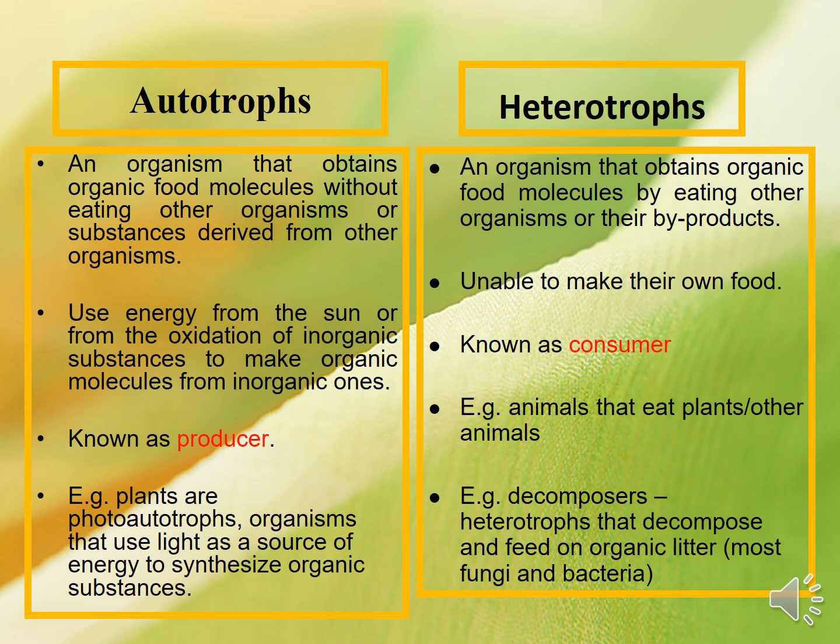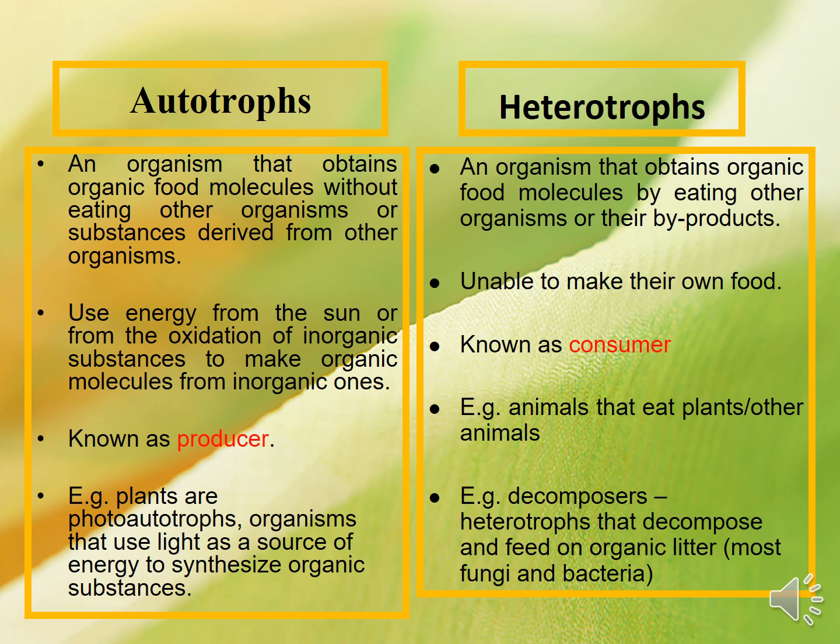So what this means here is they are using light and the oxidation of inorganic substances. Okay, what are the inorganic substances? Of course, they are CO2 and also water for photosynthesis. And they make an organic molecule, which is glucose.